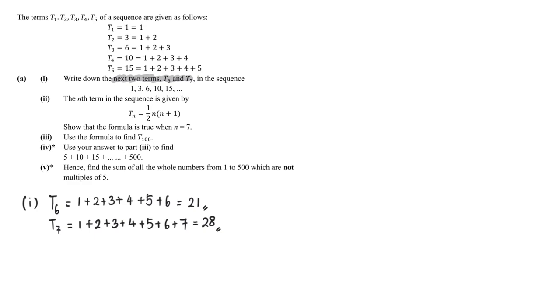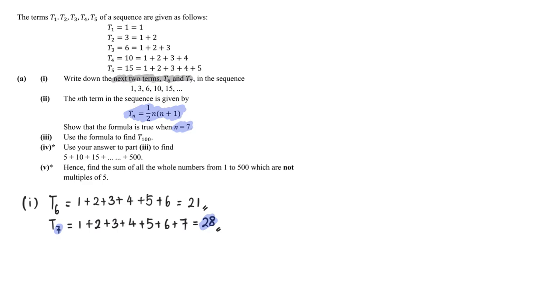Now for part 2, they actually give us the end term of the sequence. And now our job is to make sure that the 7th term is indeed 28 when we apply the formula, which is the end term.